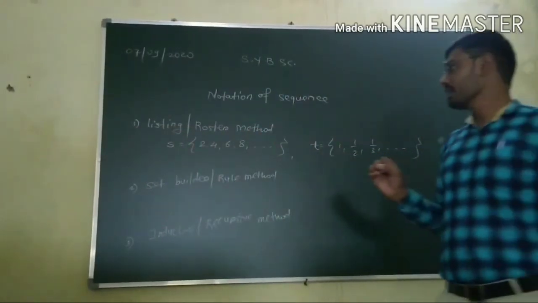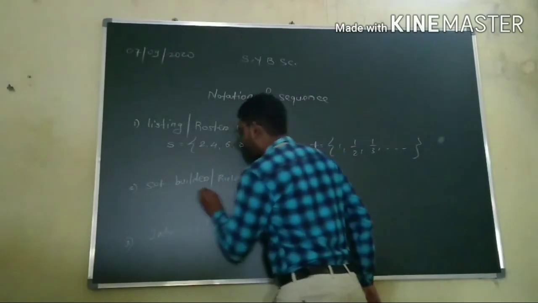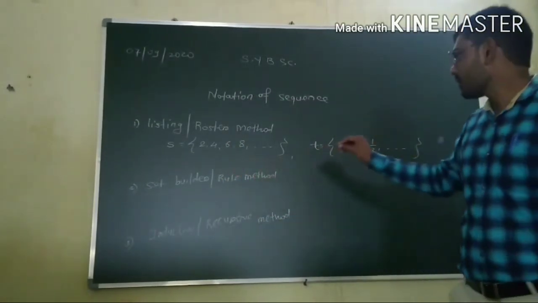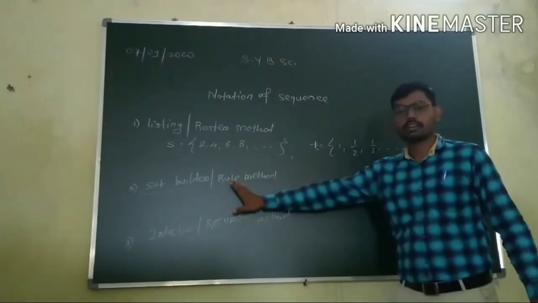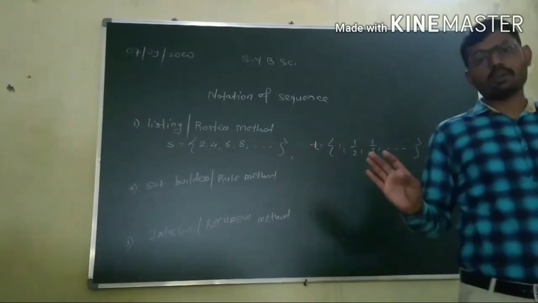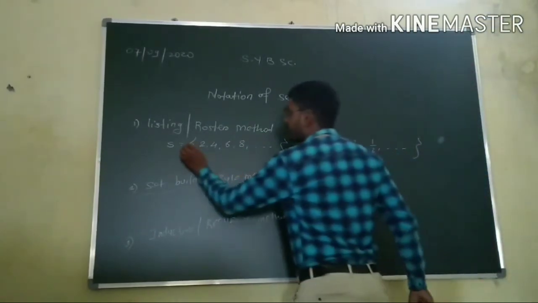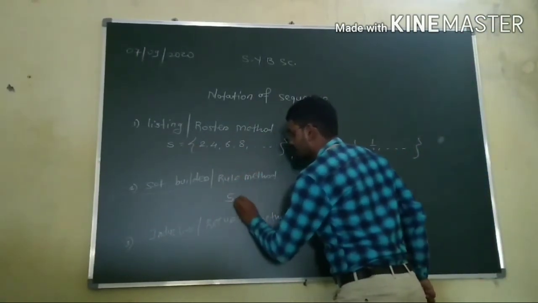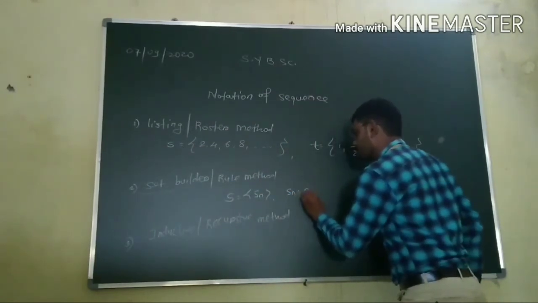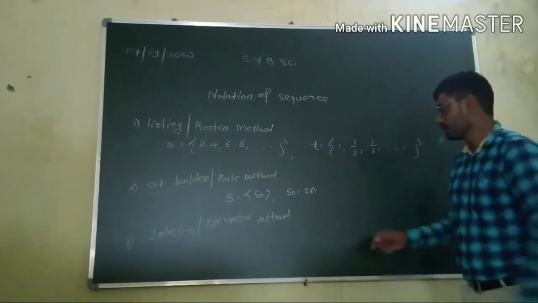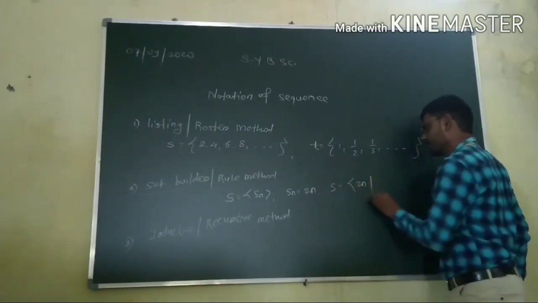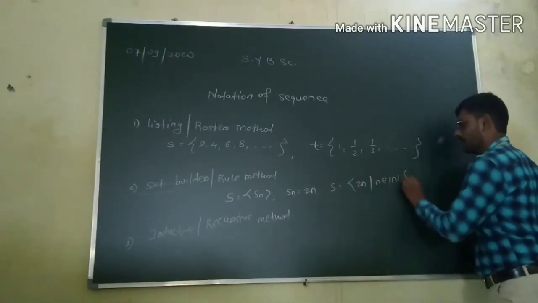Second is the set builder or rule method. In this type of method, we write the sequence in terms of some rule, so we don't have to write all the elements of the sequence. Suppose this is the sequence: we can write S is equal to (Sn), where Sn is equal to 2n.